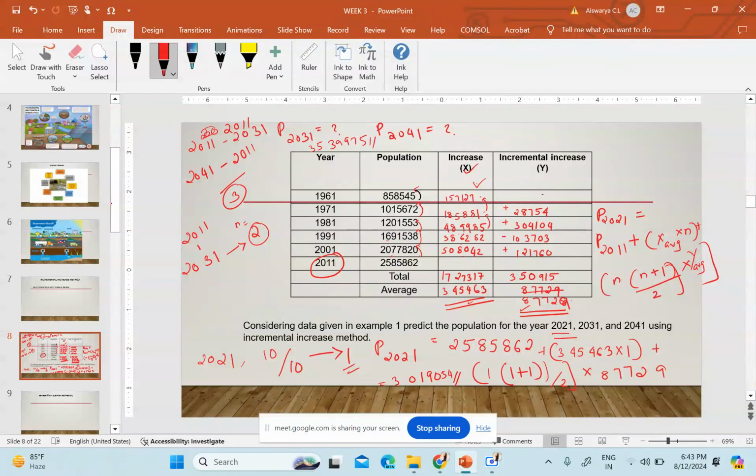No, no. This is the basic value. It is the question they have given, but the basic known values that you got from your survey are only this much, from 1961 to 2011.